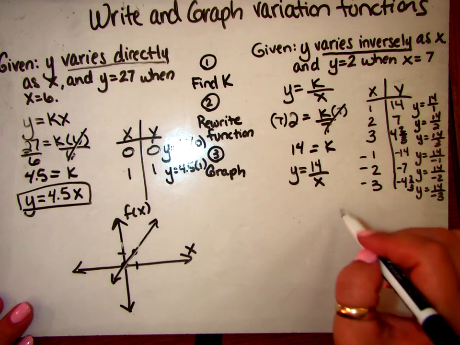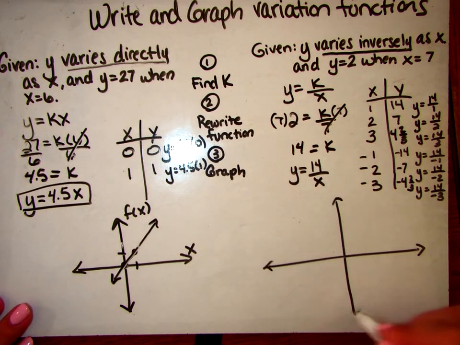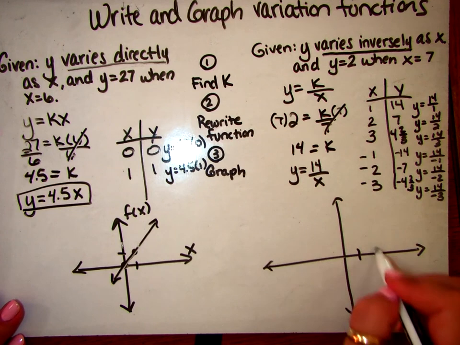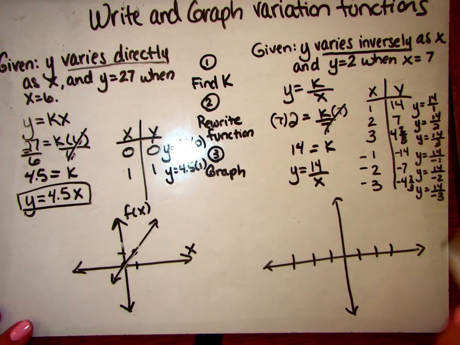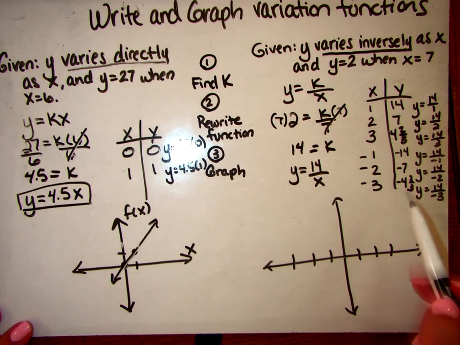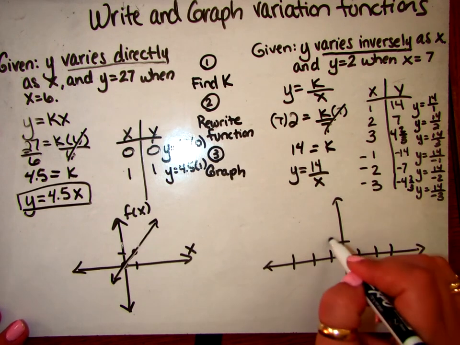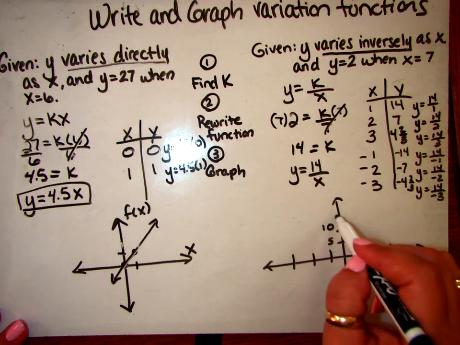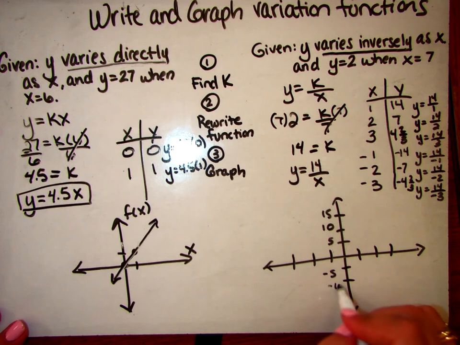When we go to graph this, let's see what it's going to look like. My x values have 1, 2, 3 on both sides. And my y's have to go up and down to 14, so I'm just going to do 5, 10, 15, and -5, -10, -15.